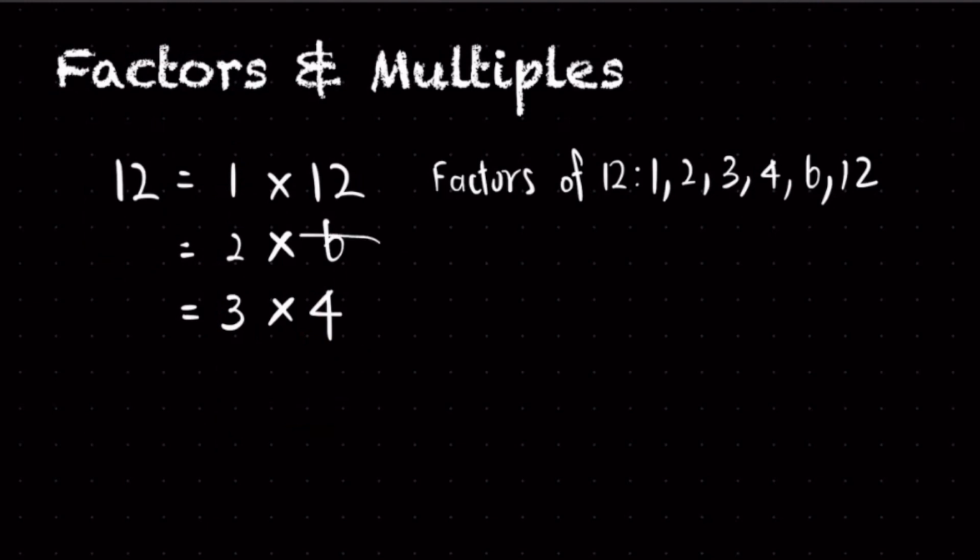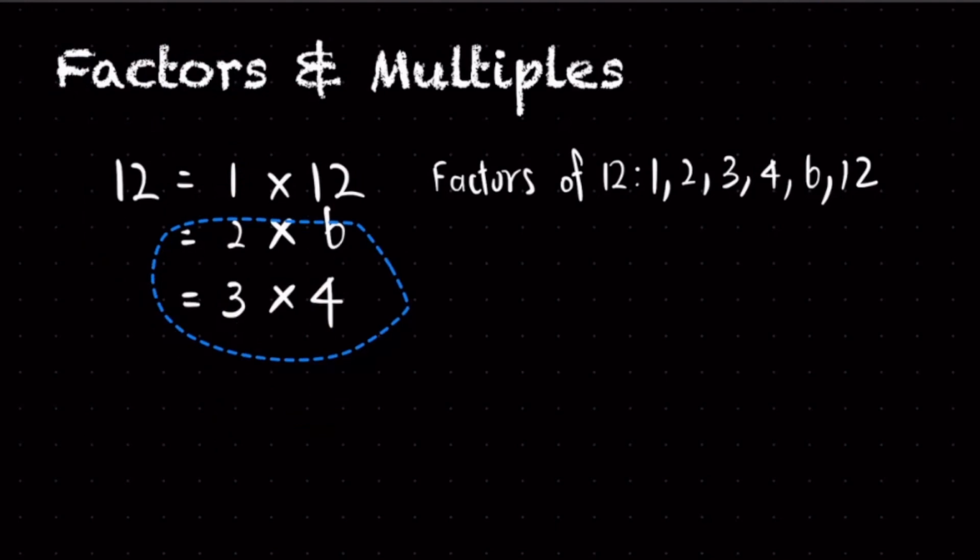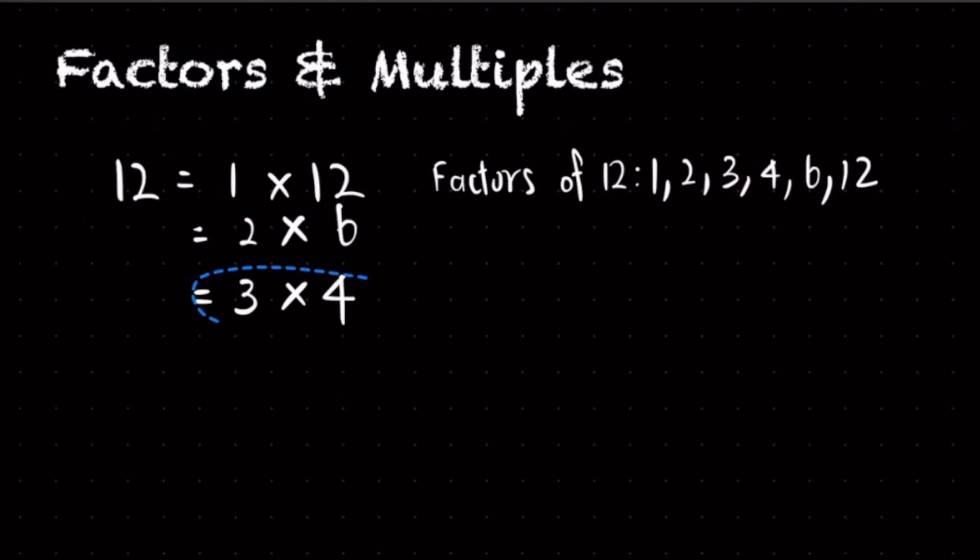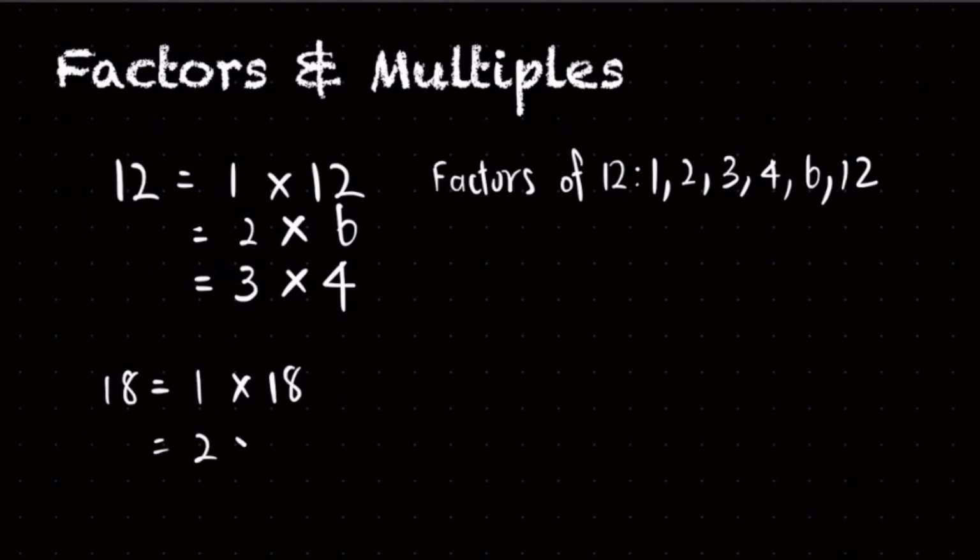Alright, let's go on to common factors. What are common factors? For example, we have 18. So we have 1 times 18, 2 times 9, 3 times 6, 4 times, nope, nothing, 5 times nothing, and then we have 6 times 3.